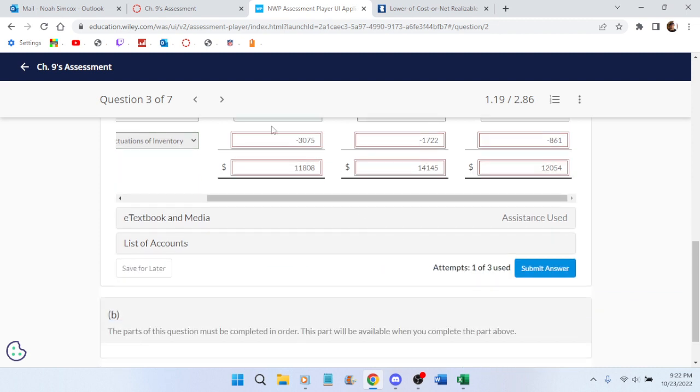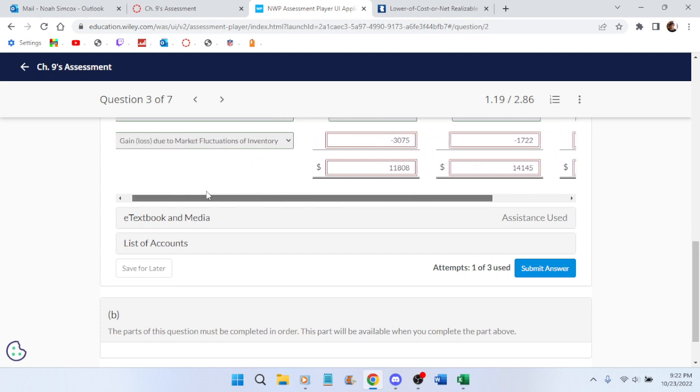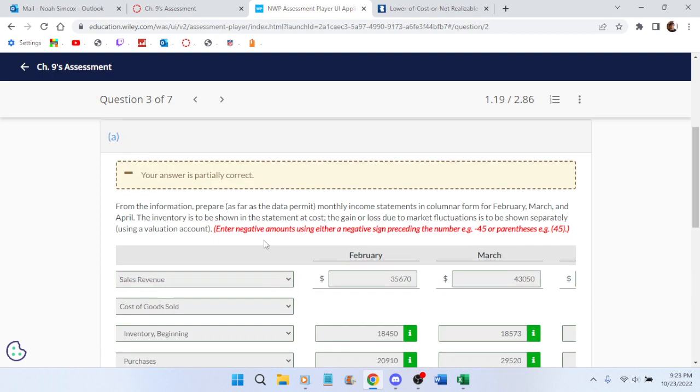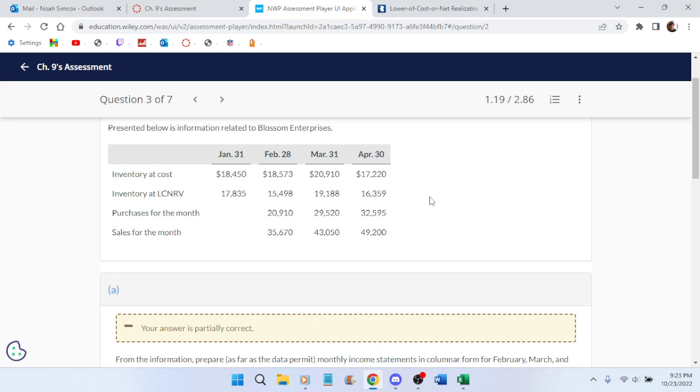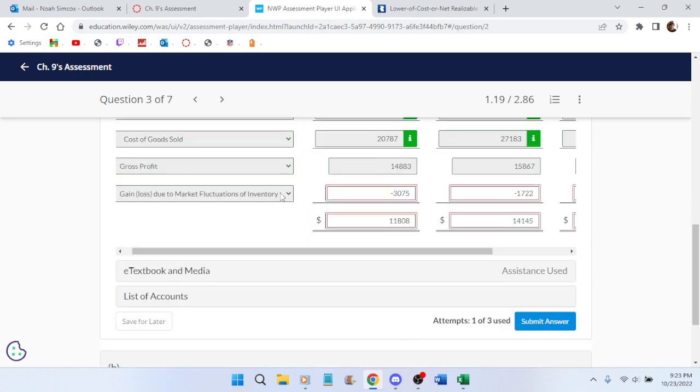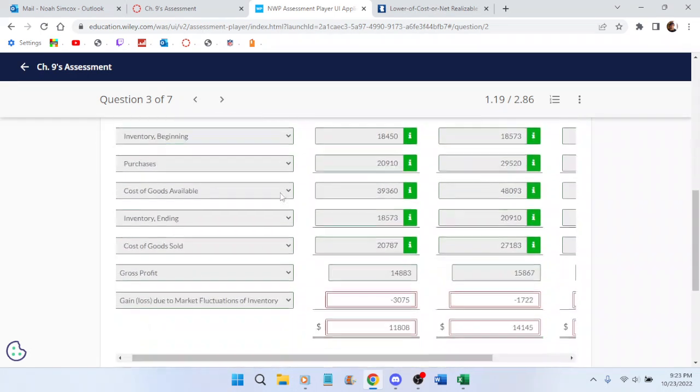I'm not going to use an attempt just to get rid of the negative signs. That would be idiotic. Did I actually do this minus this? You're supposed to do this minus this for February. Cost of goods sold.